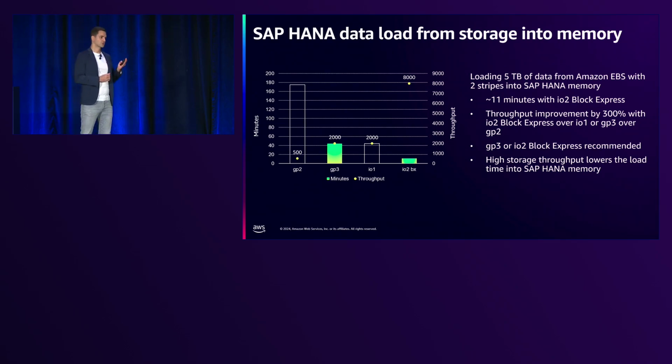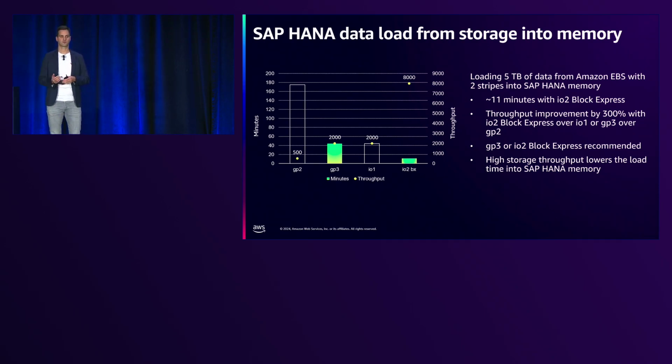Same is for GP3 versus GP2. The throughput increases by 300% versus these two. And this is why you can load your data from storage much faster. Looking into the configuration, we also recommend to use either GP3 or IO2 block express for your high memory workloads.